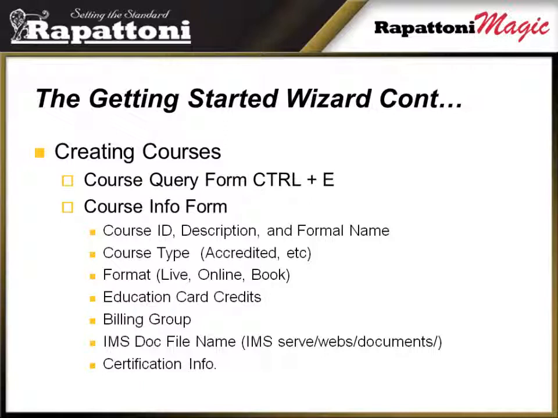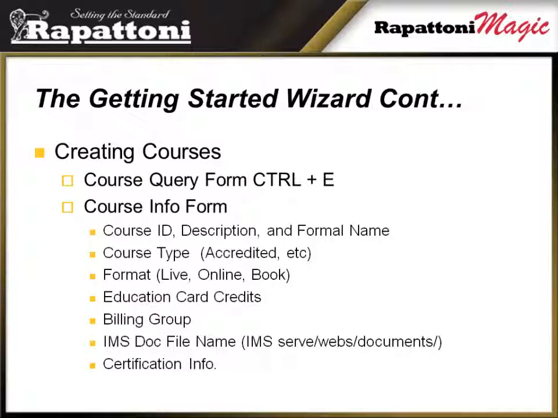Also, you can set up your course type as well as a format, which would be live, online, or book. You have education card credits that you can assign to this course so that it will subtract from the members that have them on their accounts, as well as linking this education module to the accounting through the billing group.